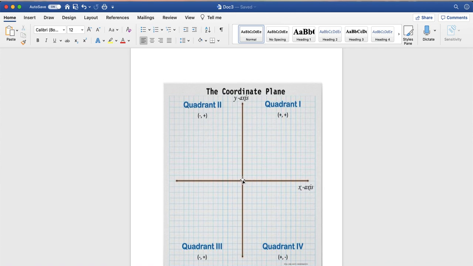So remember, y-axis goes up and down, x-axis goes side to side, and we have our coordinate plane divided into 4 different parts, and those parts are called quadrant 1, quadrant 2, quadrant 3, and quadrant 4.